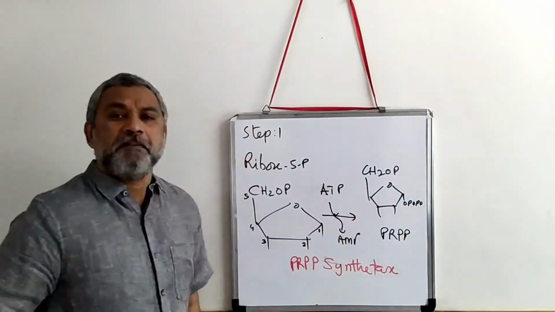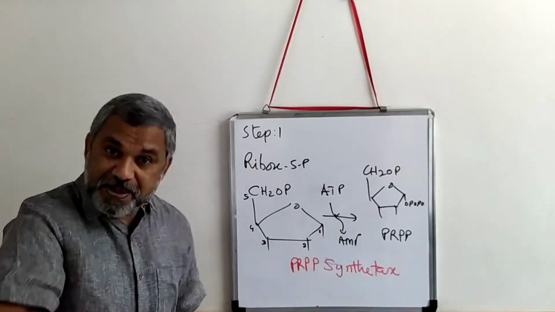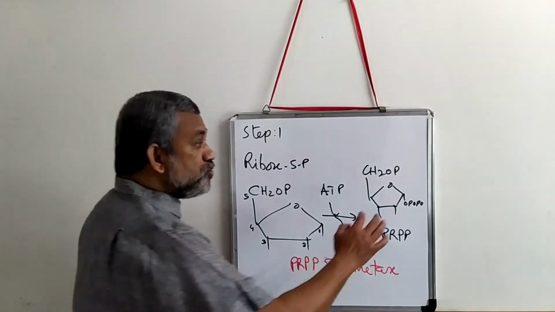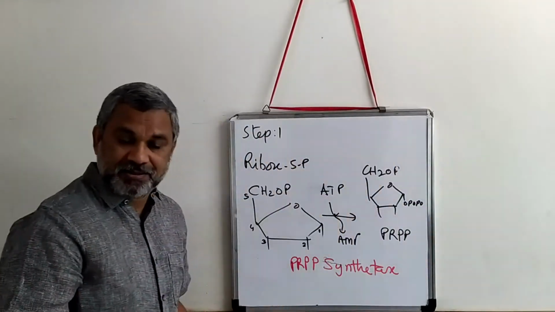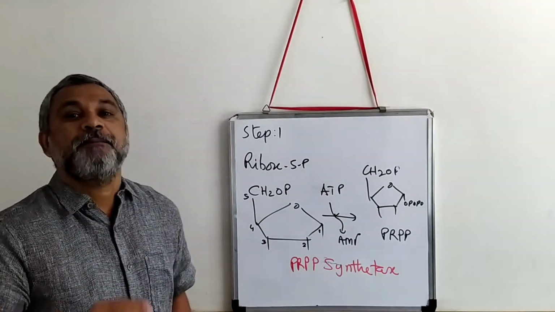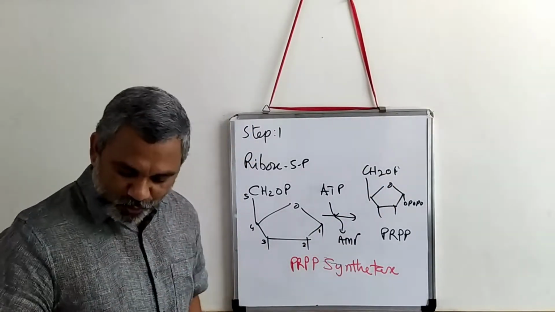So once we have PRPP, that is this molecule, in the next step we make a ring here. That is the second ring of purine, the imidazole ring. Let us construct the imidazole ring.